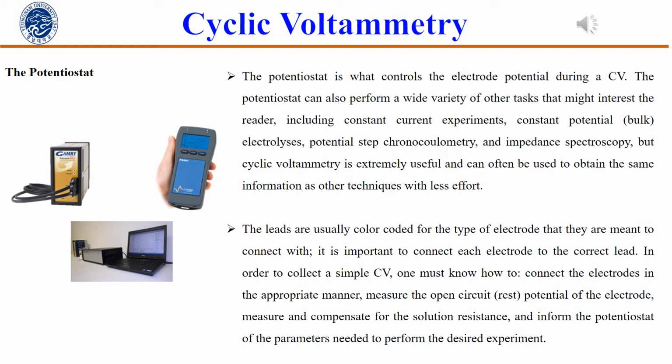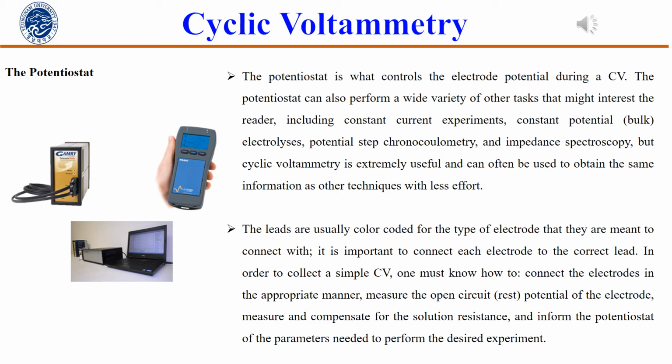The leads are usually color coded for the type of electrode they connect to. It is important to connect each electrode to the correct lead, because usually we are using a potentiostat with a three electrode system. That means you have three leads, three wires.